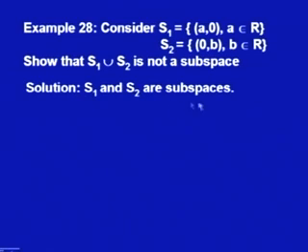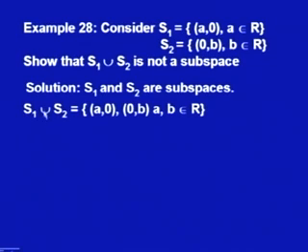Now, the first thing is, in the solution we show that S1 and S2 are subspaces. One can easily see that A comma 0, A belongs to R is a vector space. S2, 0 comma B, is also a vector space. So, S1 and S2 are subspaces of R2, because this is a subset of R2, this is also a subset of R2.